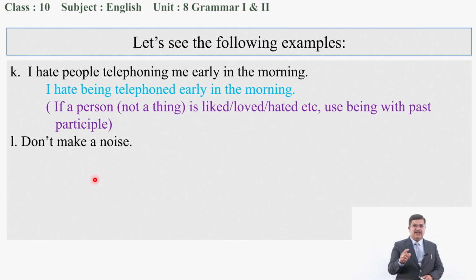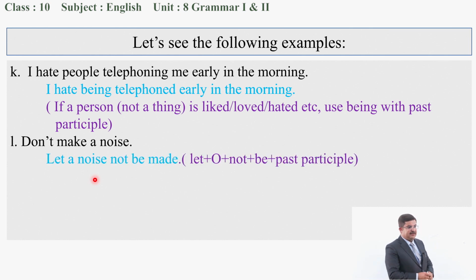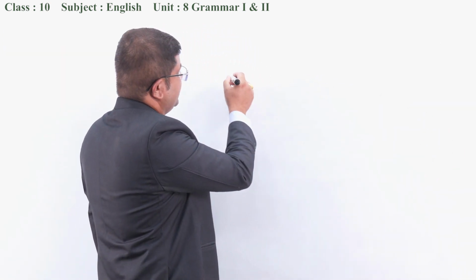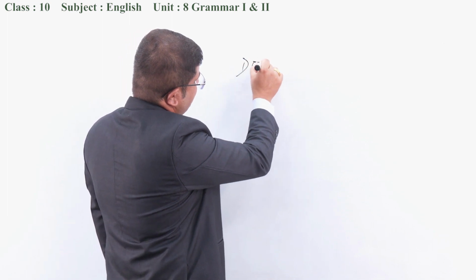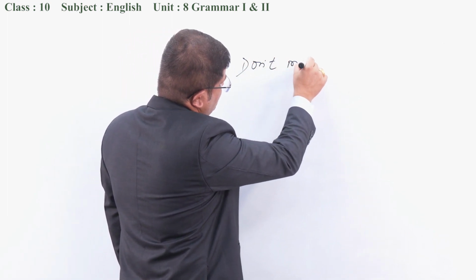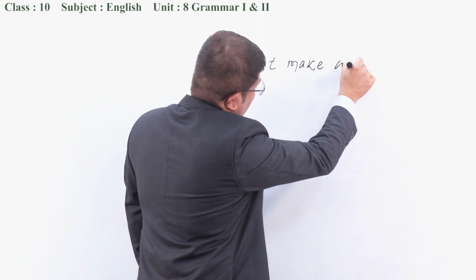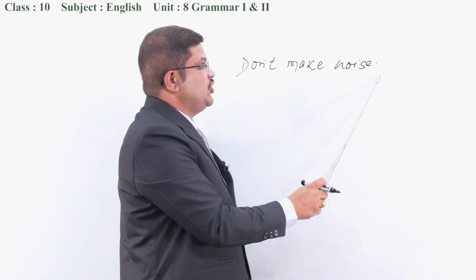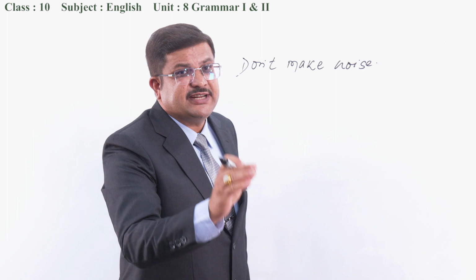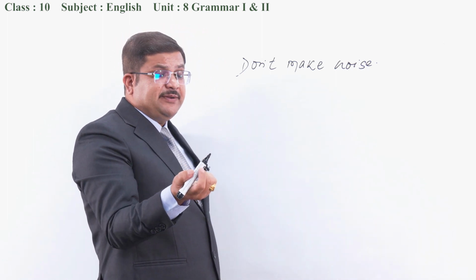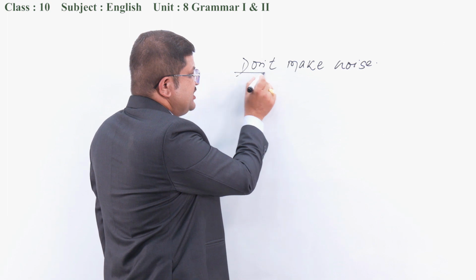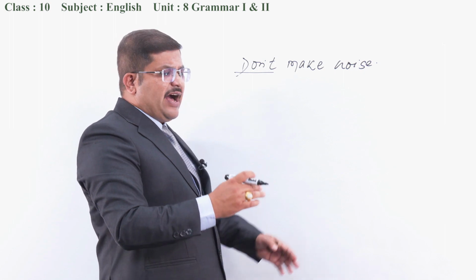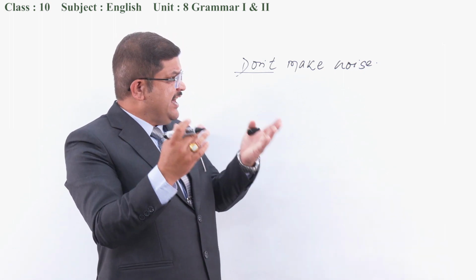Don't make noise. What type of sentence is it? Of course, an imperative sentence. Why? It begins with a verb and it has some command, suggestion, order. Now, how can we change this active sentence into passive?